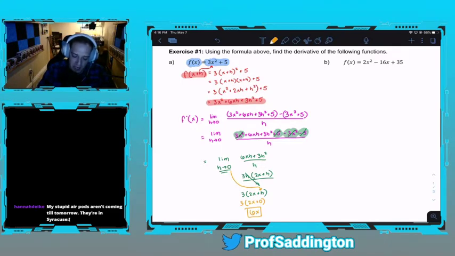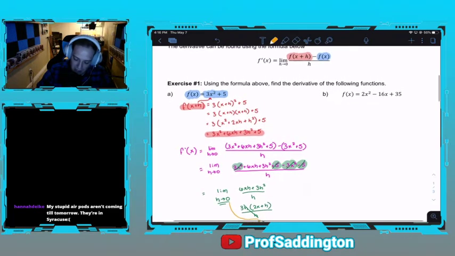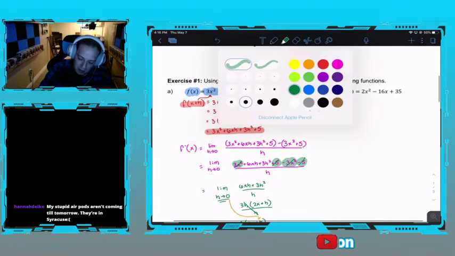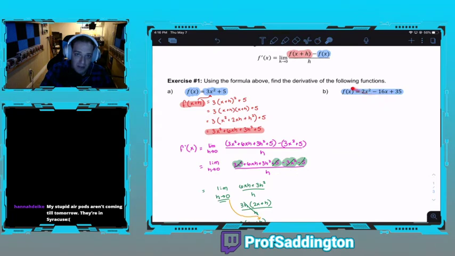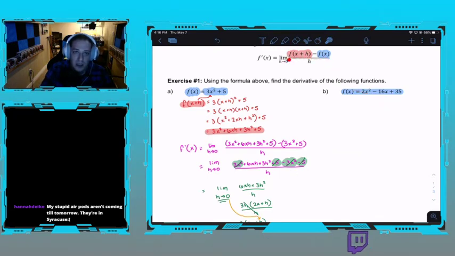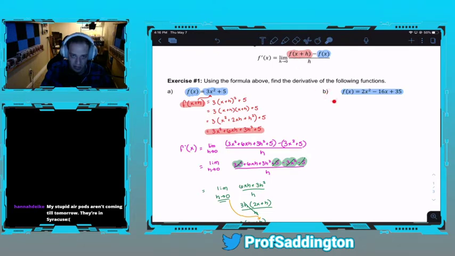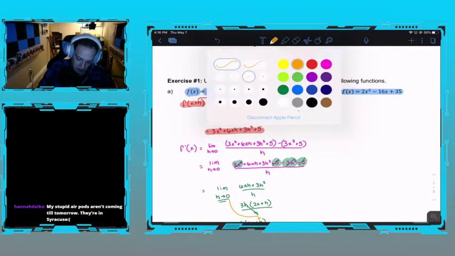As far as the next one goes, let me go back up so we can see that original function. This is f of x. I am already giving you the f of x up here. I already gave that to you. What we need to do is find f of x plus h. So that's what I'm going to solve next.